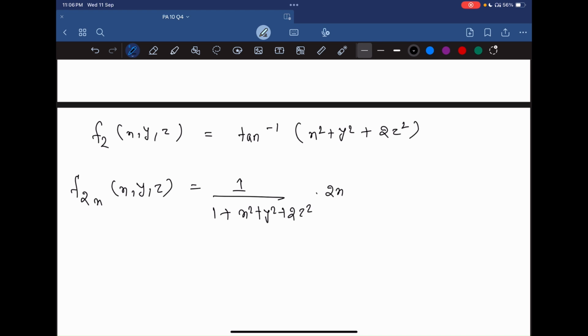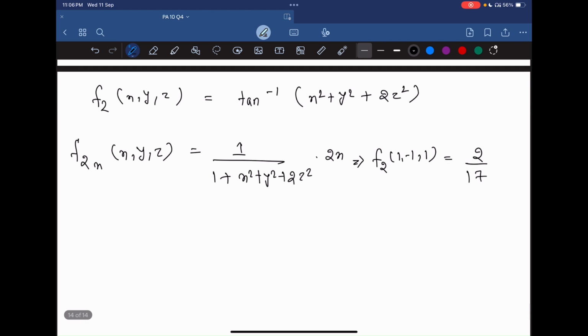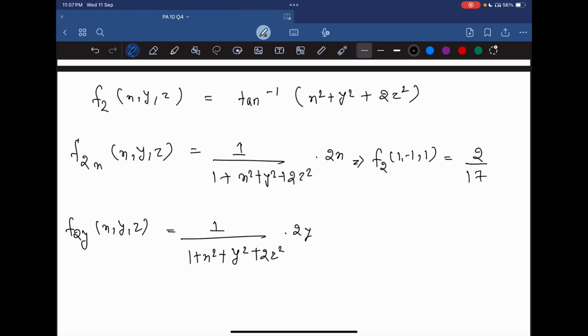At the point 1 comma minus 1 comma 1, this would relate to 2 by 17. With respect to y, it would become dot 2y, and at the point 1 minus 1 1, this would relate to minus 2 by 17.